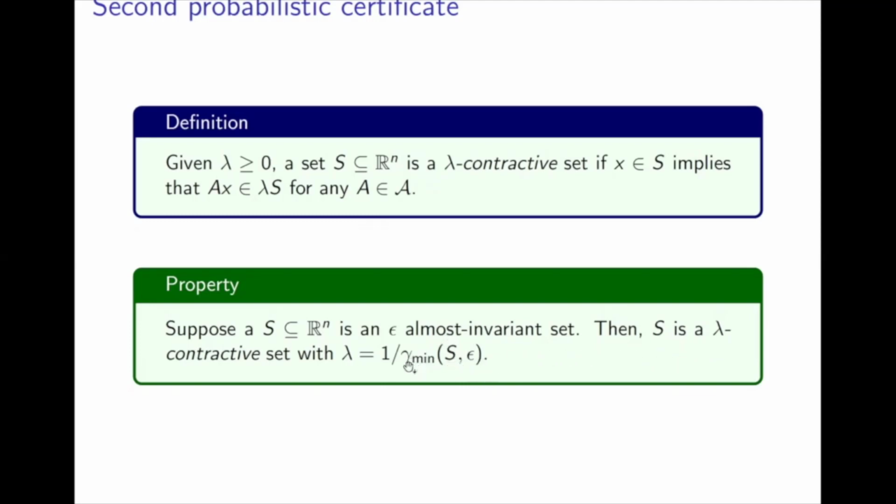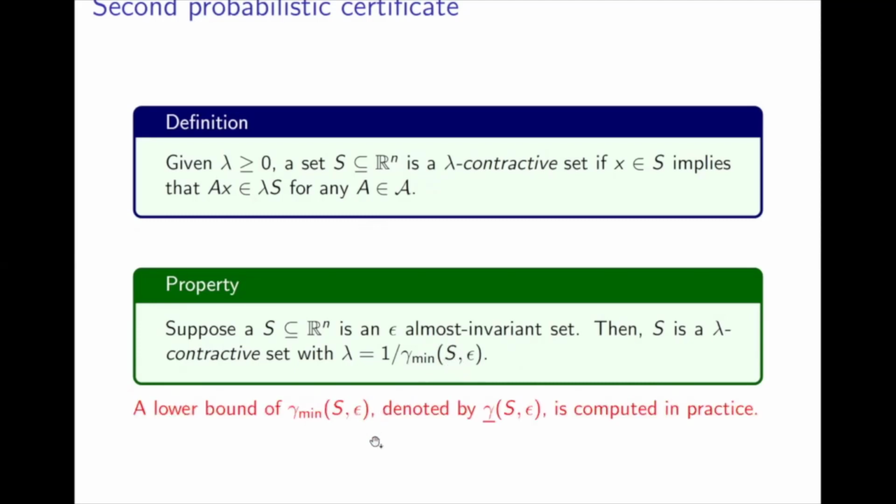The rate is defined by this gamma function, which depends on S and epsilon. But computing the exact value of the gamma function is very difficult, so in practice we just compute a lower bound of this.